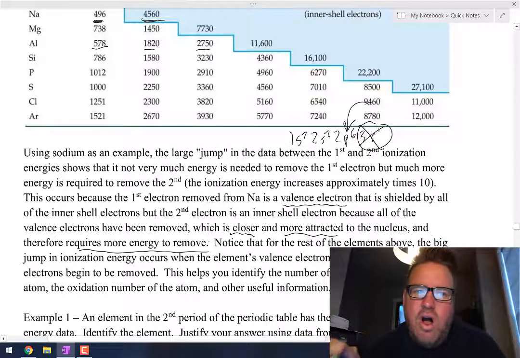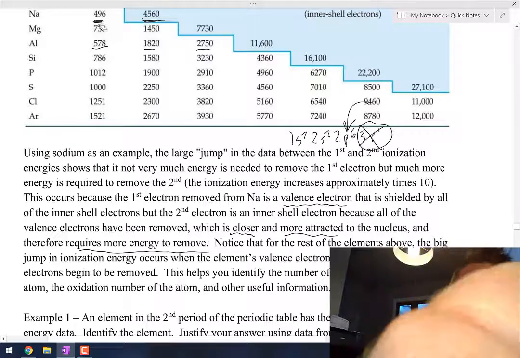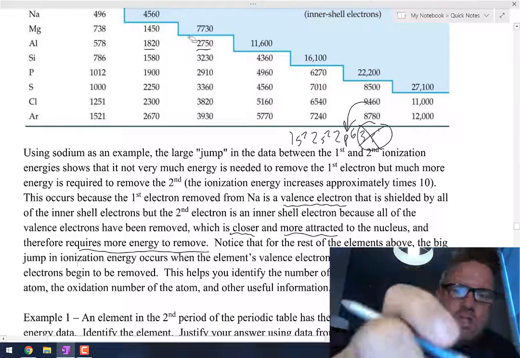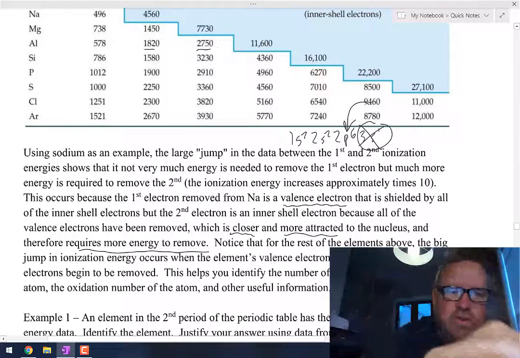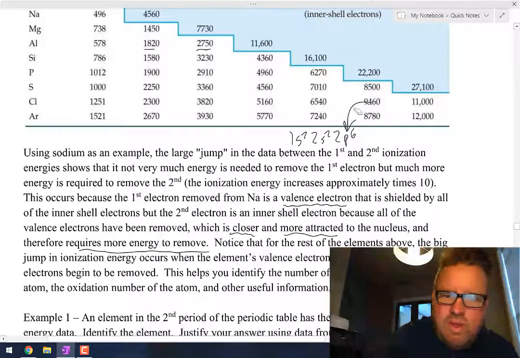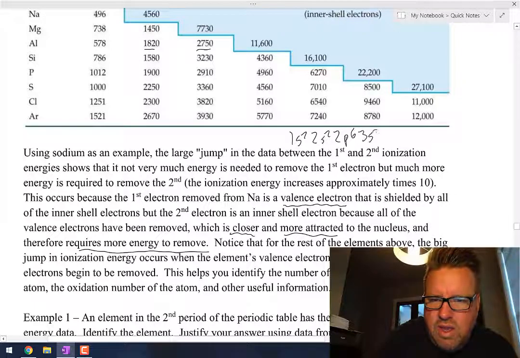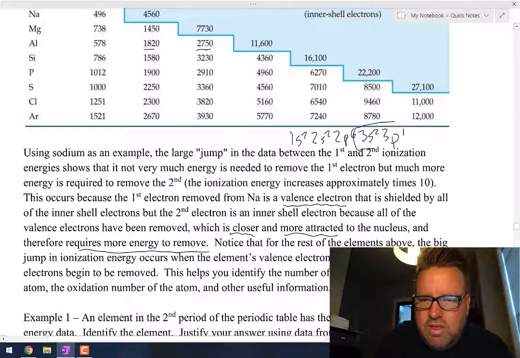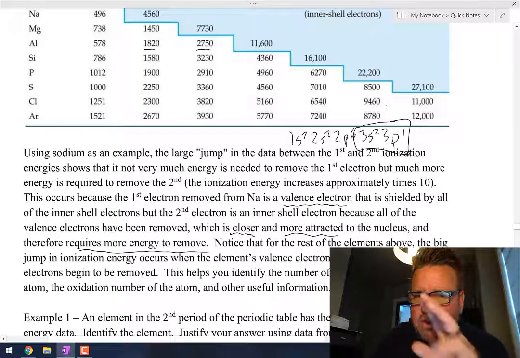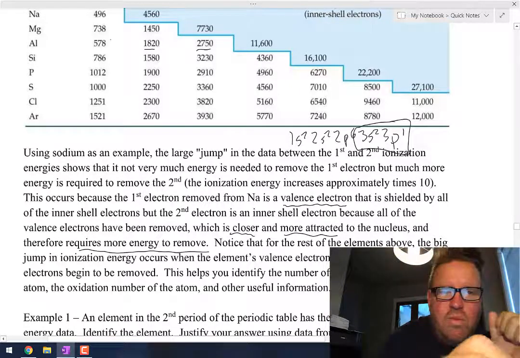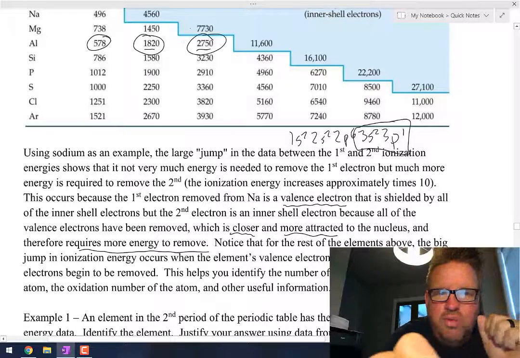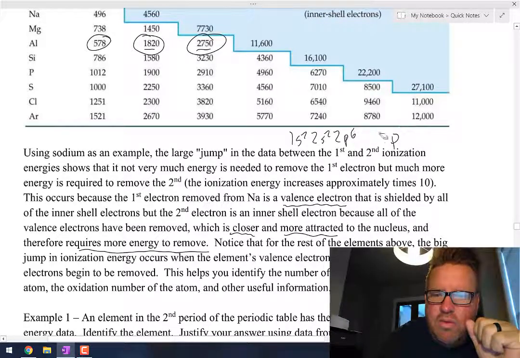And notice that's the case for all of the elements: once those valence electrons are gone, for example, aluminum is 1s2, 2s2, 2p6, 3s2, 3p1. So these are the valence electrons. They're in the third shell, and once those three are gone, 1, 2, 3, now what are you removing from aluminum?